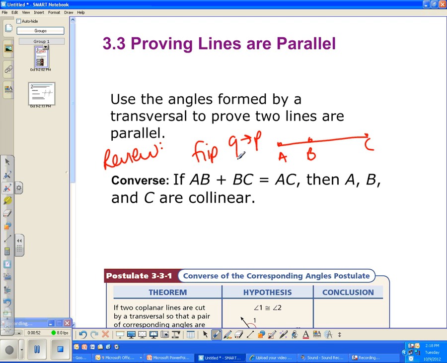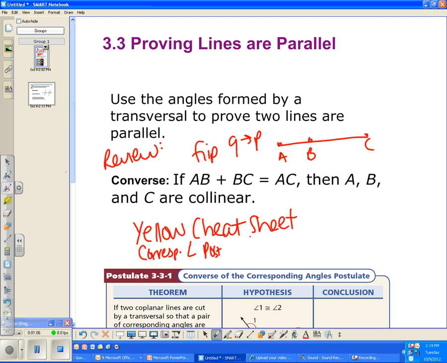The reason why that's important is because if you look again on your yellow theorem cheat sheet I gave you yesterday, you wrote down that the corresponding angle postulate said that if I gave you two lines are parallel, right?